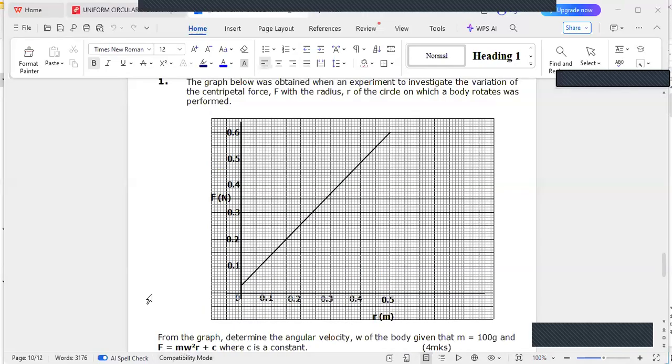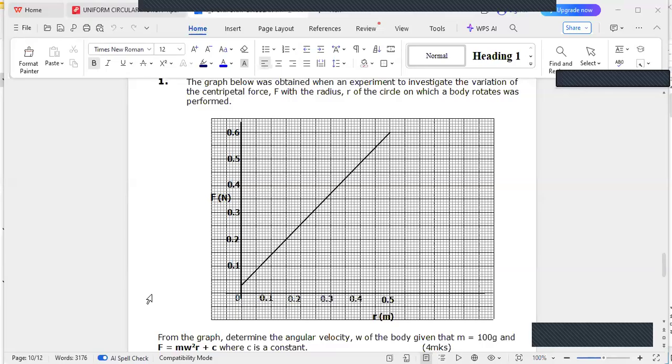When you link this equation to y equals mx plus c, what do you get? Let's link it. We have F equals m omega squared r plus c. Underneath that equation, you write y equals mx plus c. Then we find out what is on the y-axis.